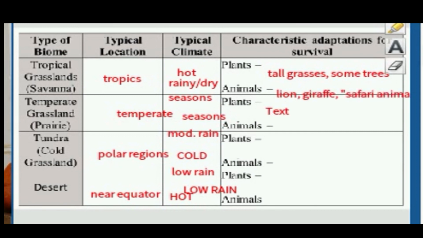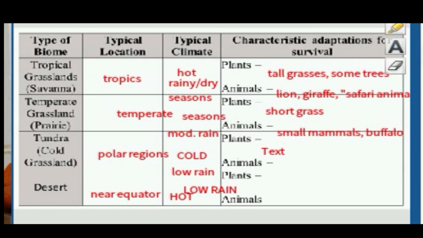In a temperate grassland, you're going to have short grass. And you're going to have stuff like small mammals, maybe things like buffalo, stuff like that. In the tundra, you're going to have short grasses, permafrost.